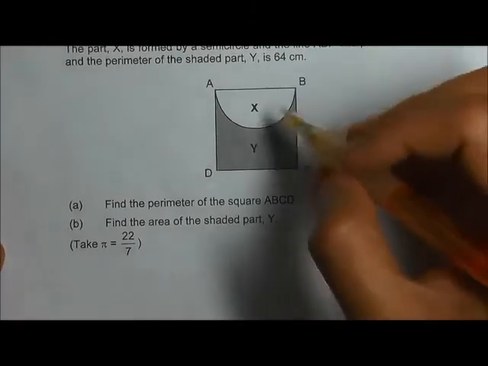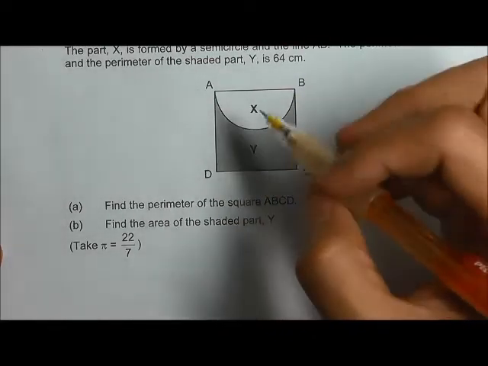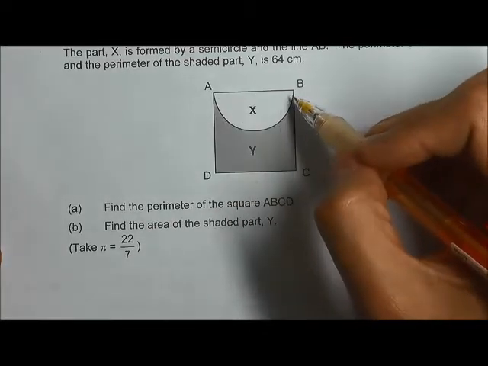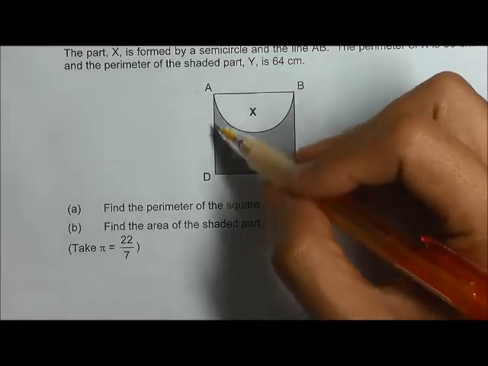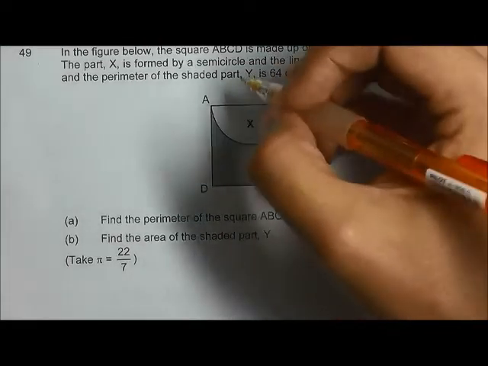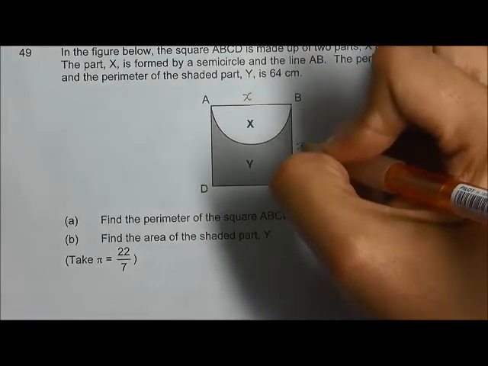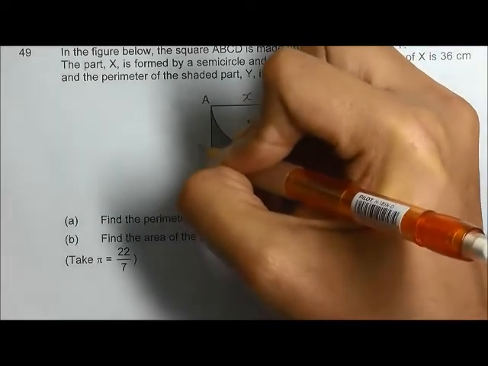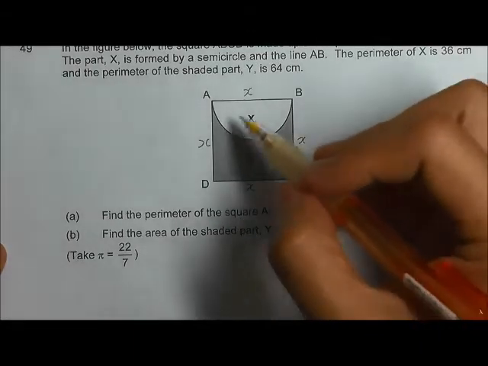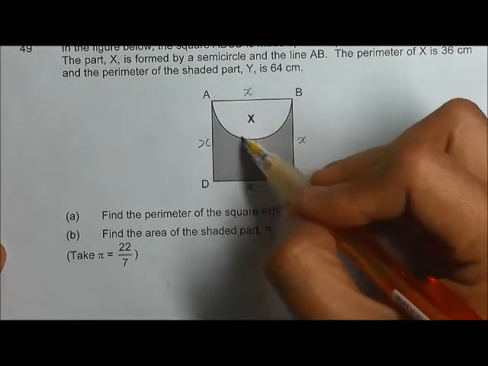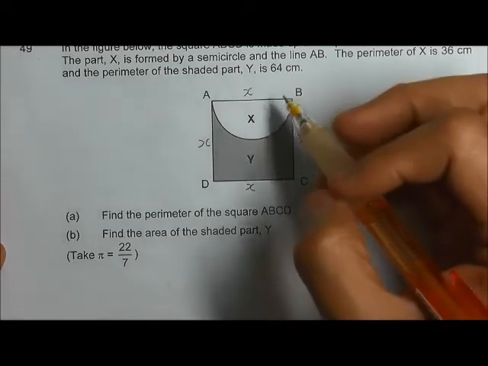Okay, so since ABCD is a square, we know that AB is equal to BC is equal to CD is equal to DA. So we can let the side of the square be x, and we can calculate the arc length in terms of x.